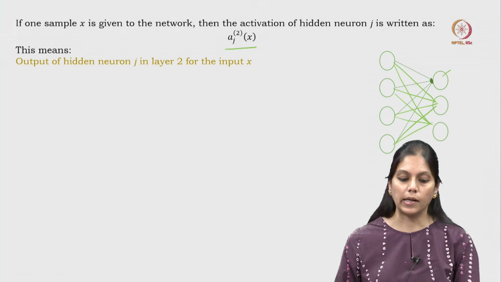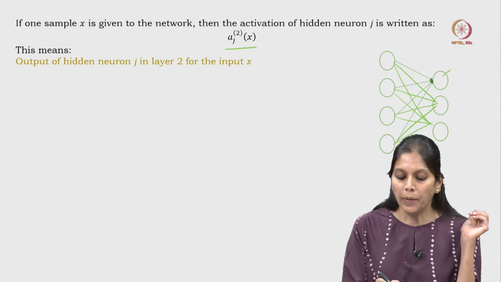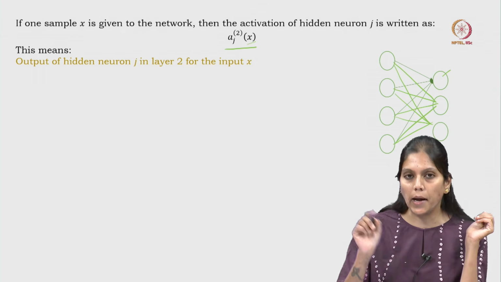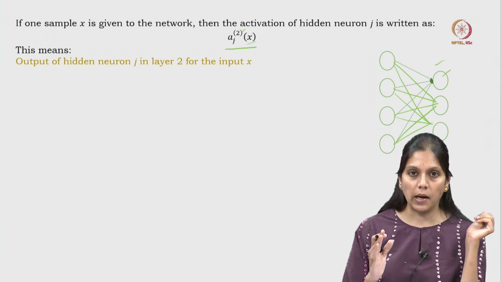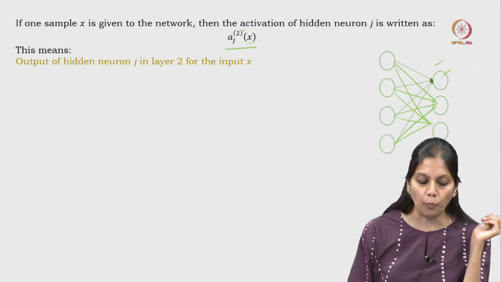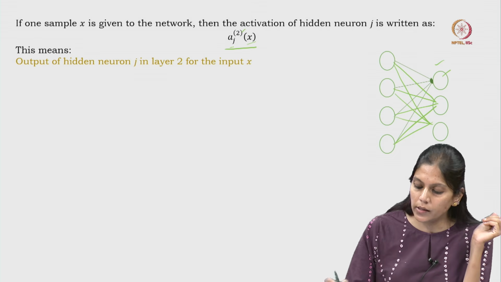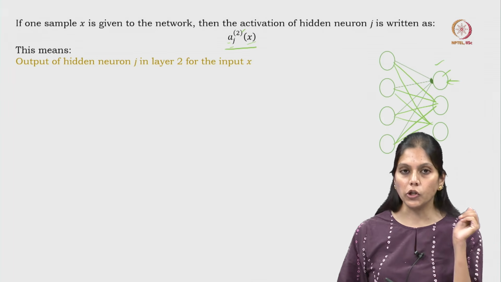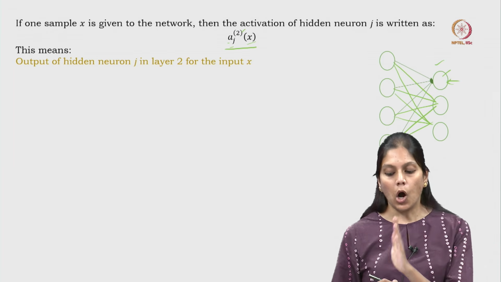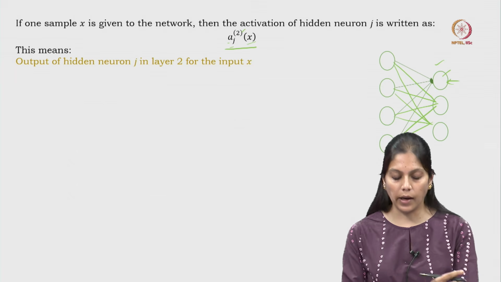Here, X is an input X, and 2 indicates layer 2, first layer and then the second layer 2, and this J indicates neuron J, and A indicates the output activation, that is, the output of that hidden neuron is A.